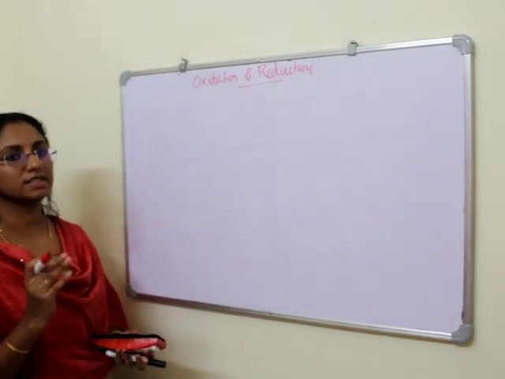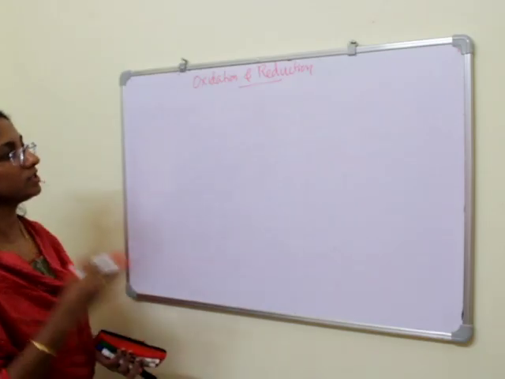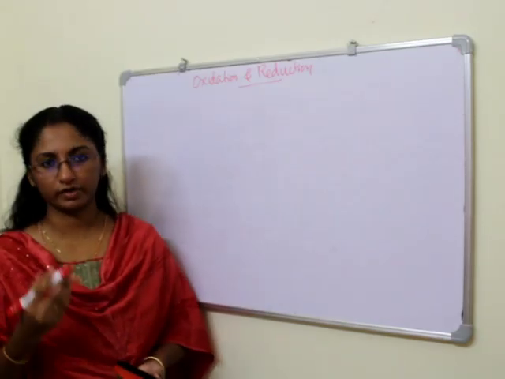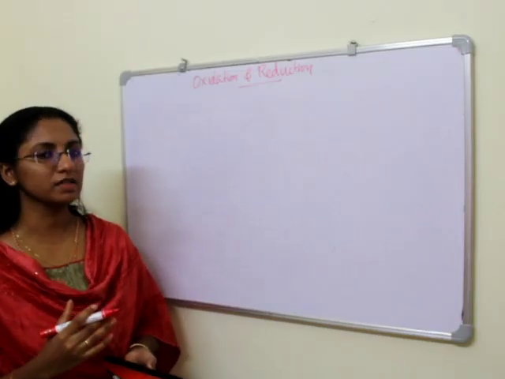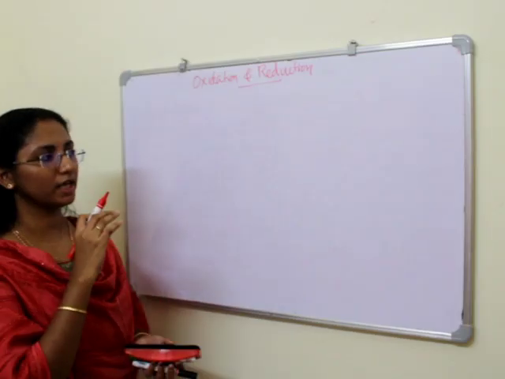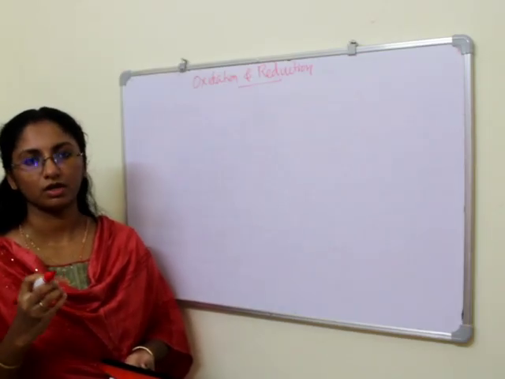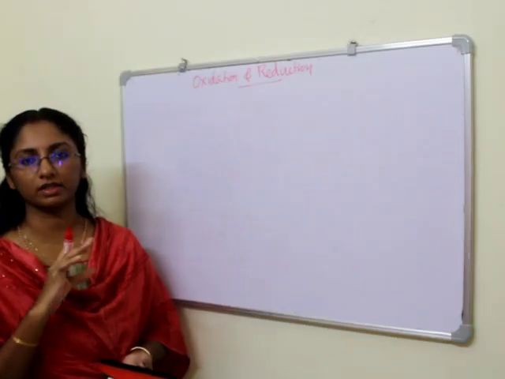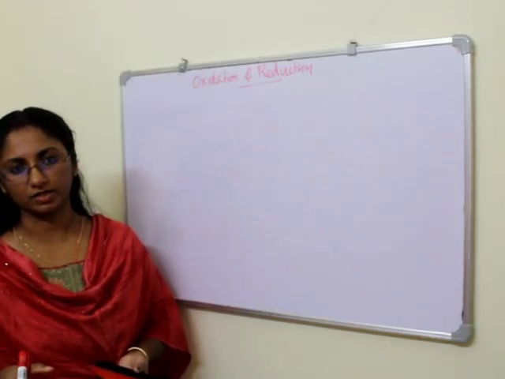So in this session we will discuss oxidation and reduction. Okay. So what is oxidation and what is reduction? We already discussed this in the first sessions. Oxidation means gaining of oxygen. When we are conducting a chemical reaction, if addition of oxygen is happening within that reaction, we can call that type of reaction an oxidation reaction, right?